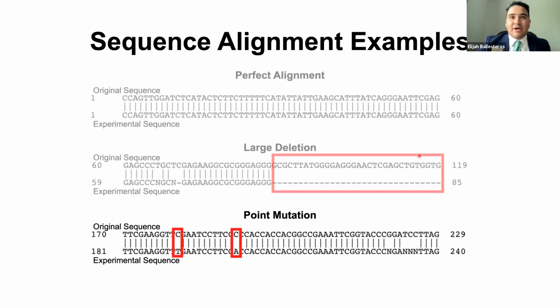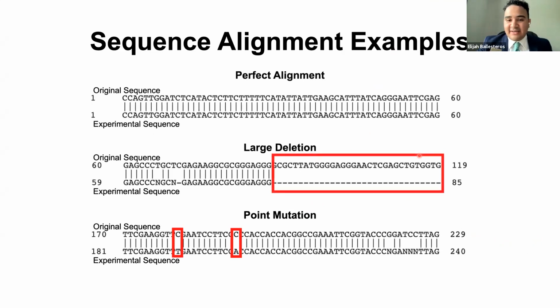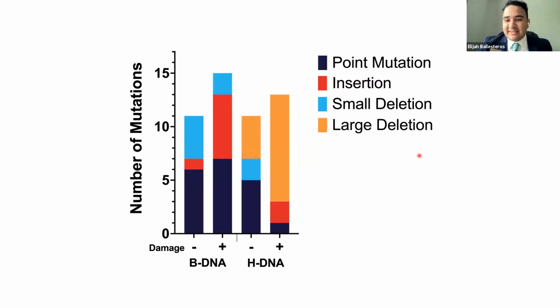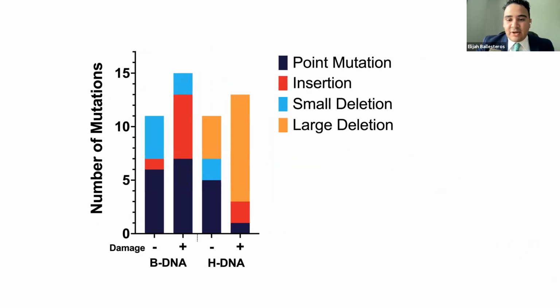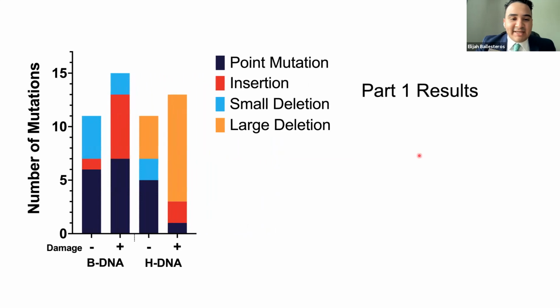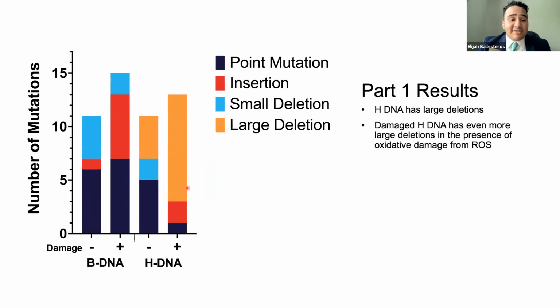This analysis was then overall quantified to produce this data. So some of the results that we saw from this were that one, HDNA has more large deletions, as you can see in this yellow-orange bar, and that damaged HDNA has even more large deletions in the presence of oxidative damage from ROS when compared to the HDNA that did not have ROS applied to it.